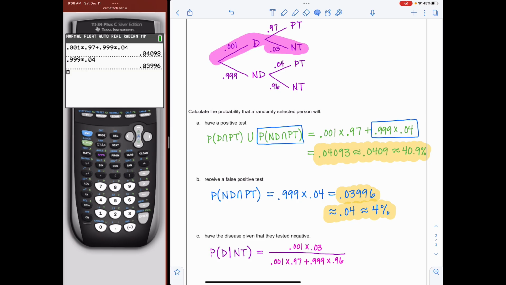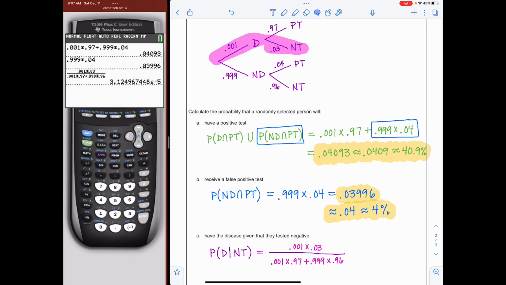So if we were to do that, we will put 0.001 times 0.03, all divided by 0.001 times 0.97 plus 0.999 times 0.96.